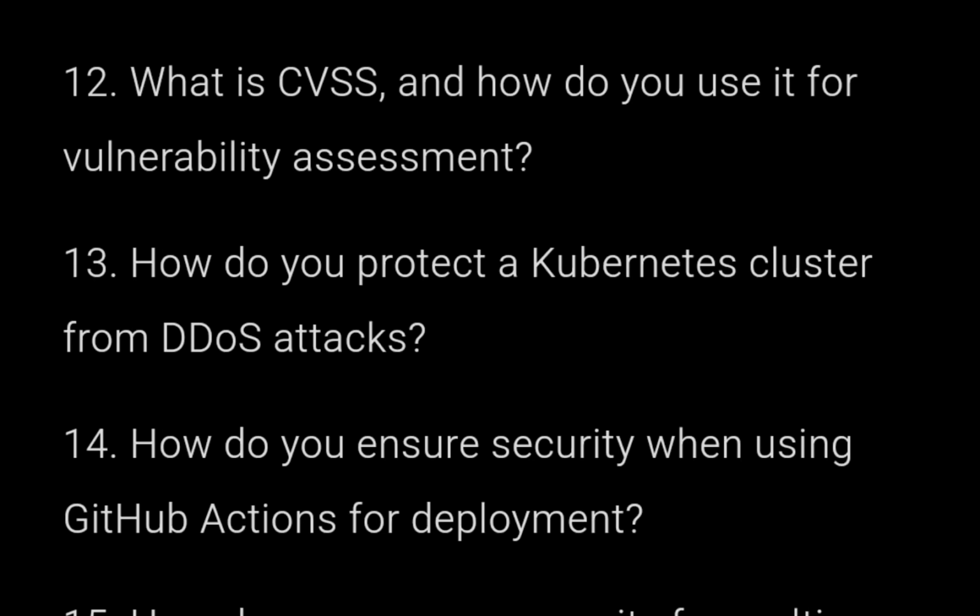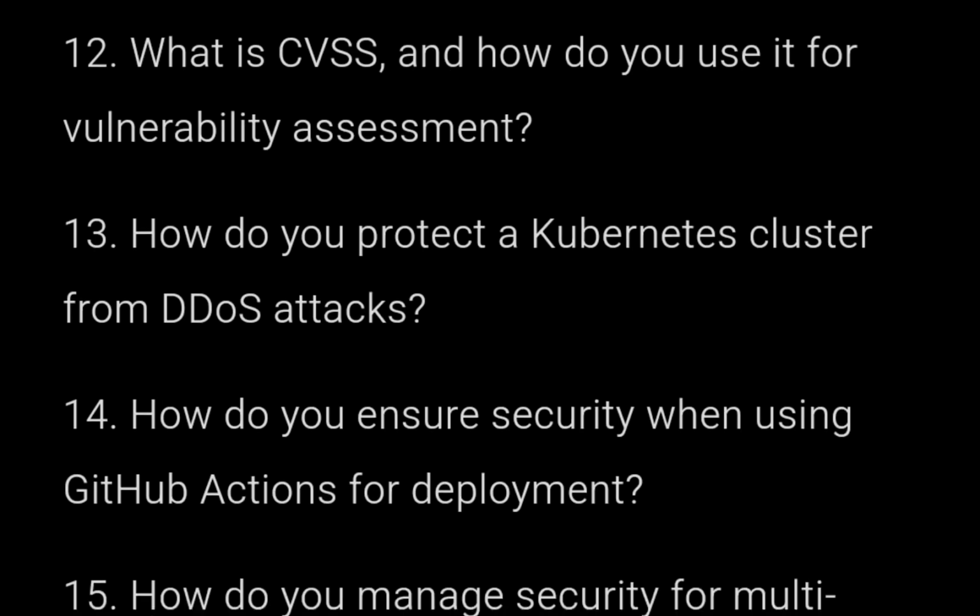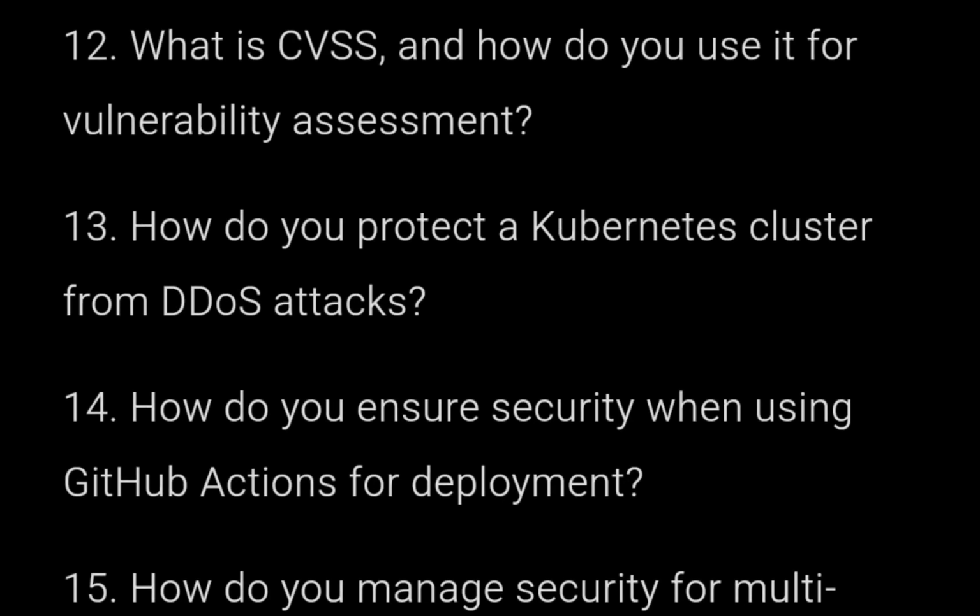If it is horizontal scaling, another instance will be added with the same specifications, based on the traffic it is getting. We can use that. And we can also set up firewalls to protect the Kubernetes cluster from DDoS attacks, like that.